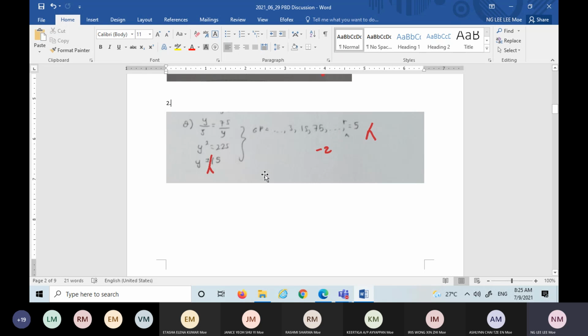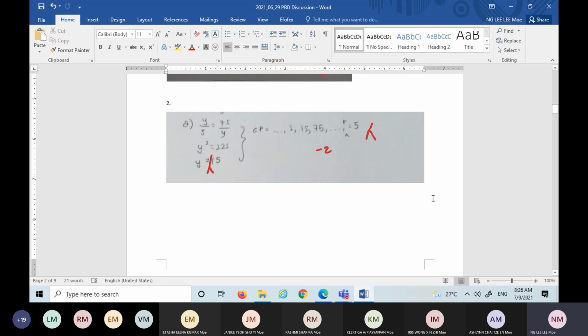Okay, this mistake is quite common though. I think maybe I can say 30 to 40% of you made this type of mistake. Okay, remember y squared. When you move the square to this side, square root it, you have to put the plus and minus.